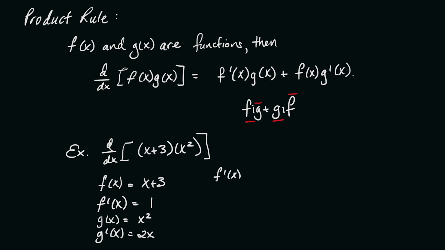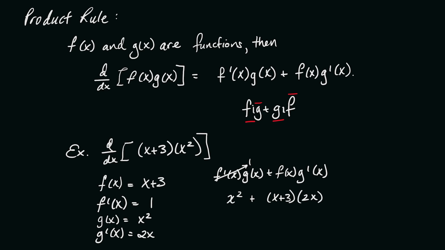f prime x, g of x plus f of x times g prime of x, right? So f prime of x is just equal to 1, so we can cross that out. g of x equals x squared, so we do x squared plus f of x, which is x plus 3, and then g prime of x is just 2x.